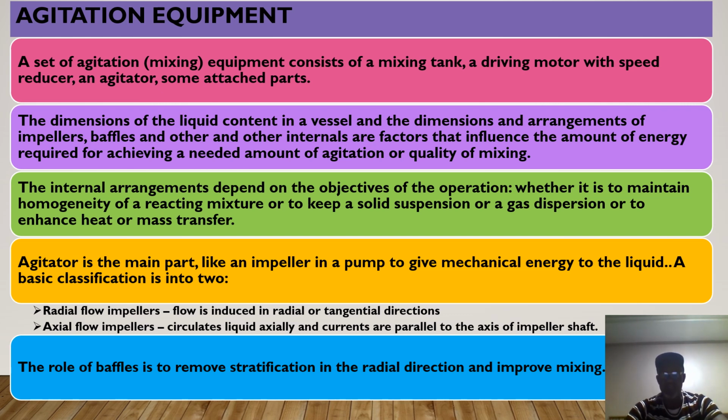We will still see the different currents that can be generated by impellers. Of course, the role of baffles is to remove stratification. Baffles can be designed and incorporated into the agitation equipment to remove stratification in the radial direction and also improve mixing.